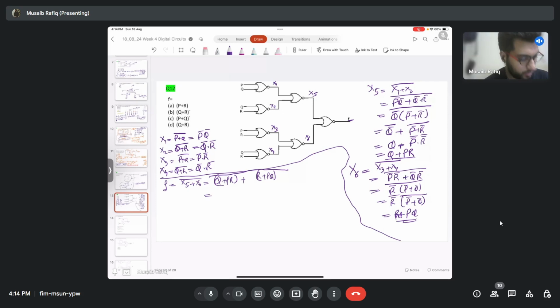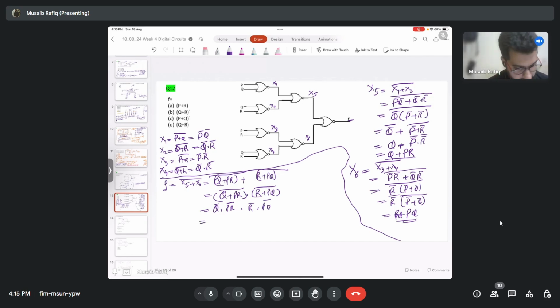So it will be equal to (q plus pr) bar dot (r plus pq) bar using De Morgan's law. Then again using De Morgan's law, I'll be having q bar dot (pr) bar, then dot r bar dot (pq) bar, right?